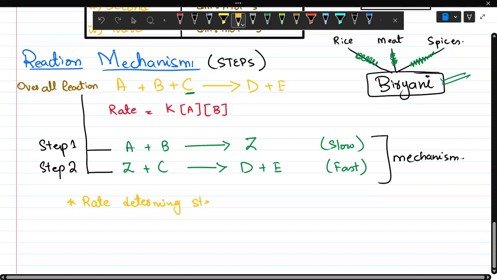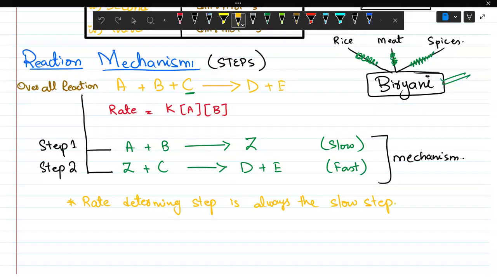Rate determining step is always the slow step. So in the above example, which one is the rate determining step?